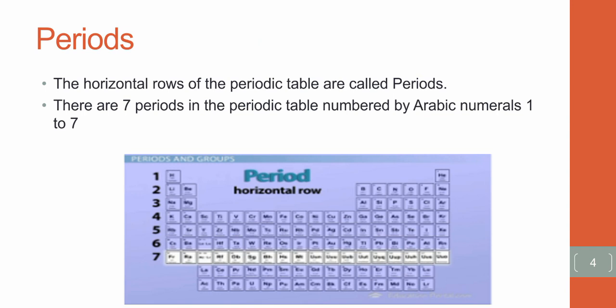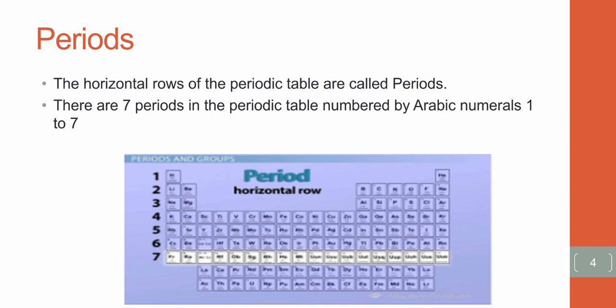पीरियड्स की अगर बात की जाए तो जो हॉरिजॉन्टल रोज़ हैं पीरियोडिक टेबल की, these are called periods and they are 7 in number and we number them by Arabic numerals 1 to 7.